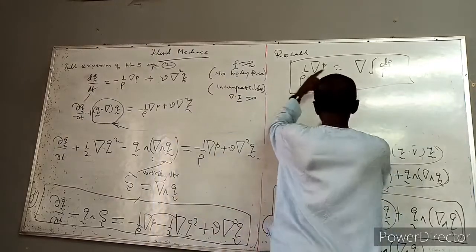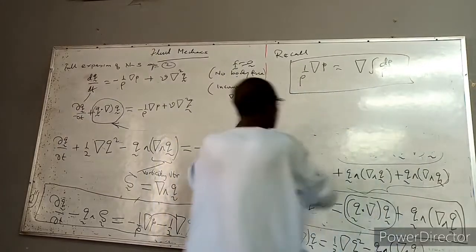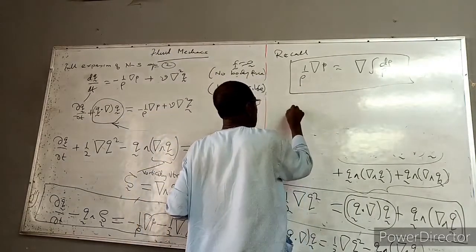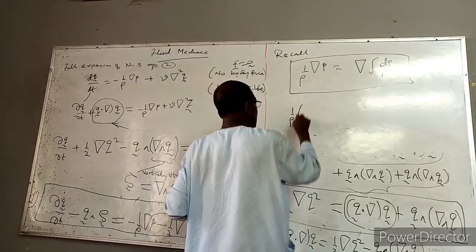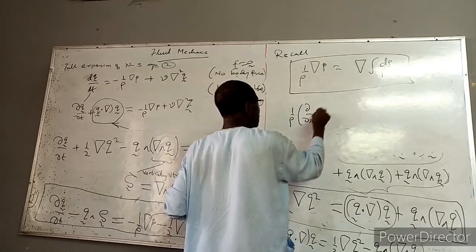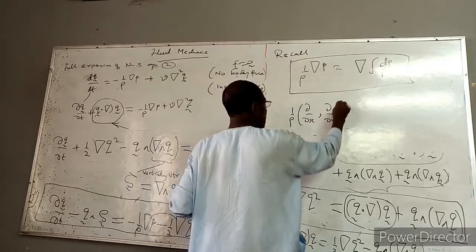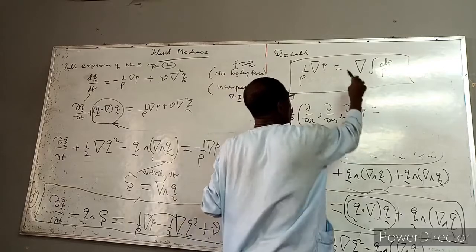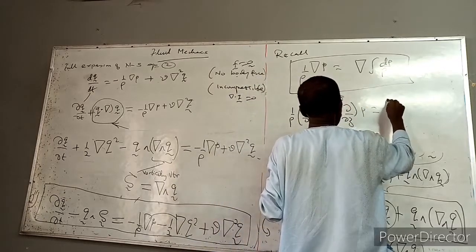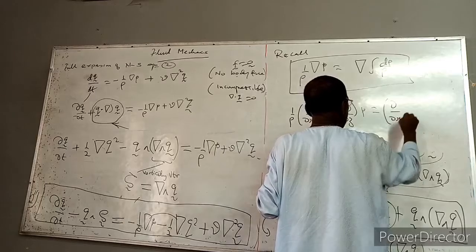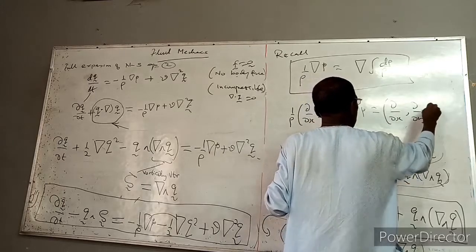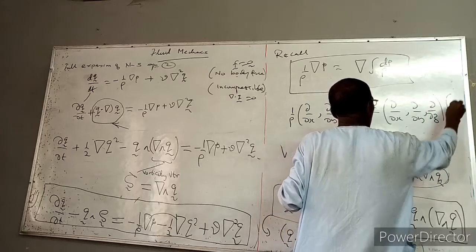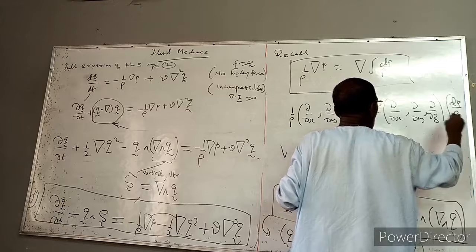You know, this is in vector form. It's very easy to prove because this has 3 components. So you can write this 1 over rho, that is d/dx, d/dy, d/dz, because this is the direction. Then grad P is equal to again 3 components: d/dx, d/dy, d/dz of P over rho.